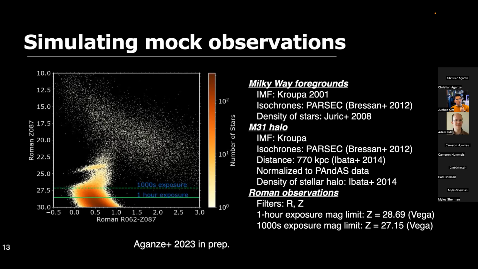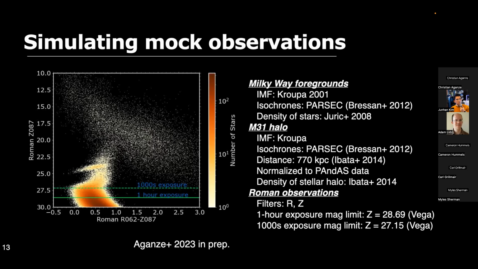We also have a halo that's a spherical halo. And then for M31, we do the same thing, but we put this at the distance of M31, which is 770 kpc. And then we also model the stellar halo in M31. And here we're only using R and Z filters.